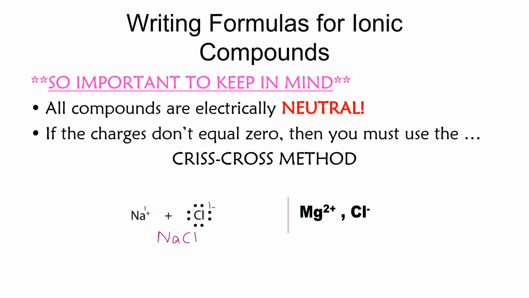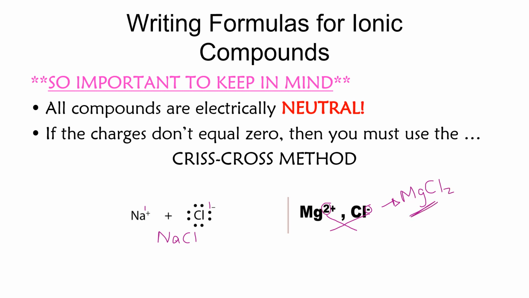So chlorine is going to get a subscript of 2, because magnesium has a charge of +2. And magnesium is going to get a subscript of 1 because chlorine has a charge of -1. So overall, this is what the formula looks like, MgCl2.